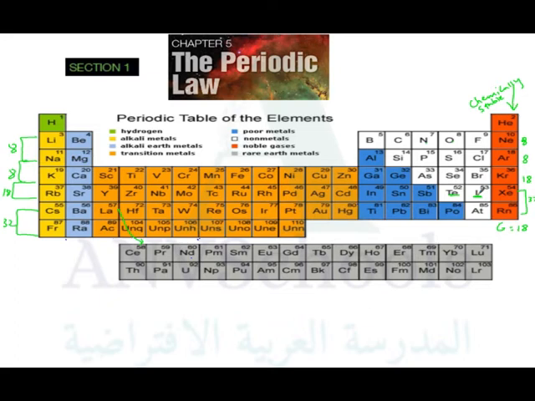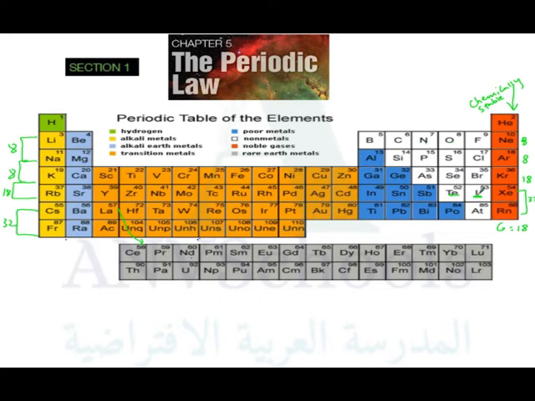According to Mendeleev, when he arranged elements based on their atomic mass, iodine was lighter, having less mass than tellurium, so it should have been switched. But if we arrange using atomic number, everything will exactly fit the pattern.